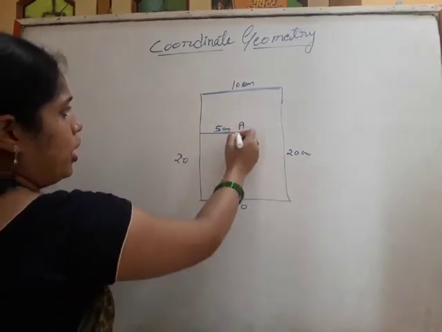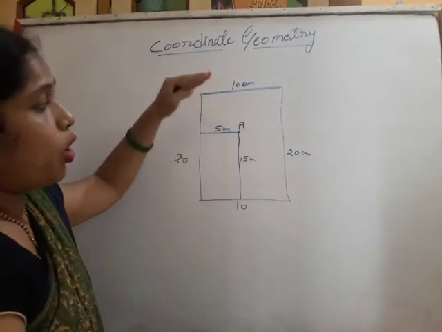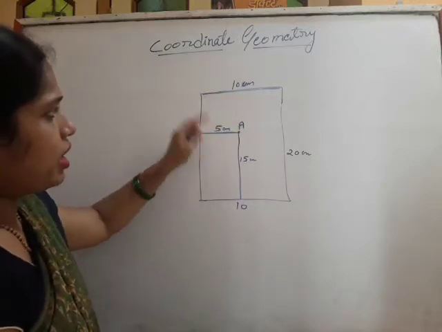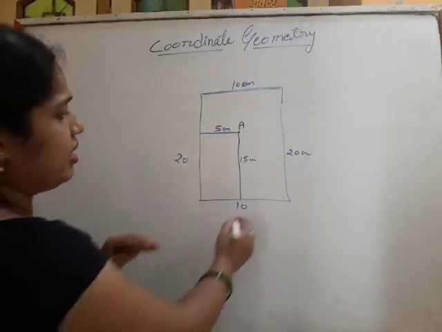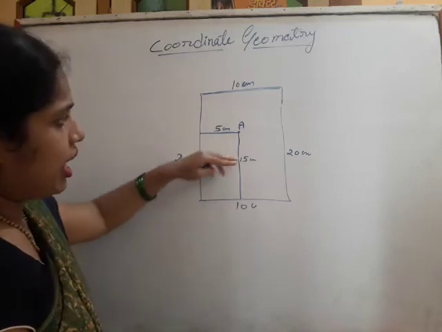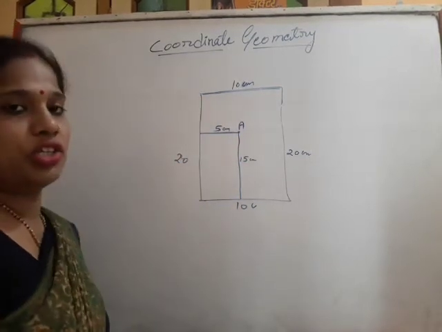So now we can say that this cup is placed on the table 5 centimeter away from the longer edge and 15 centimeter away from the shorter edge.